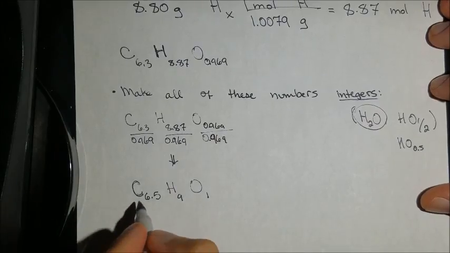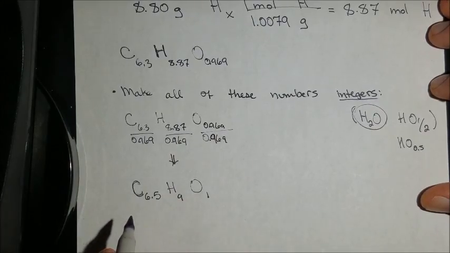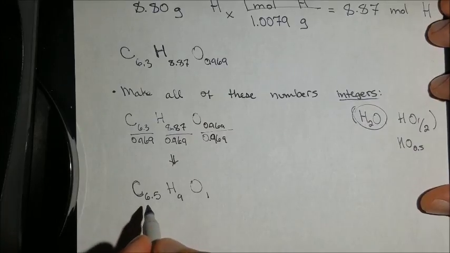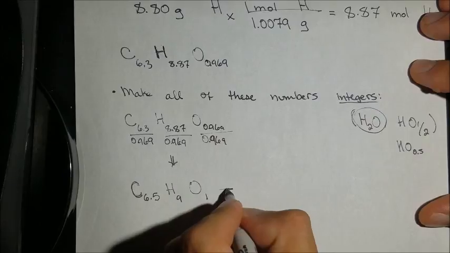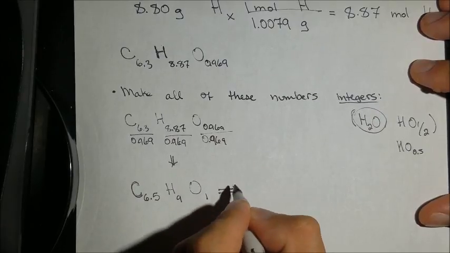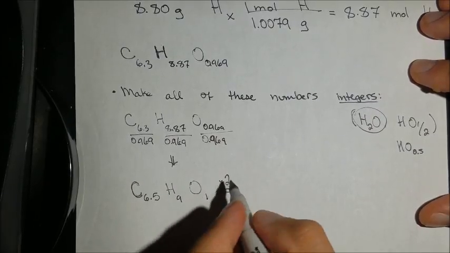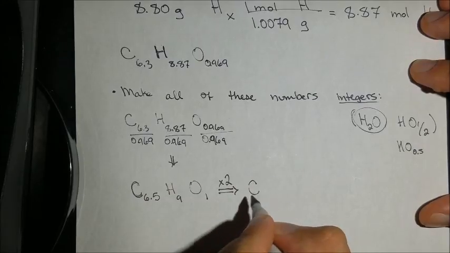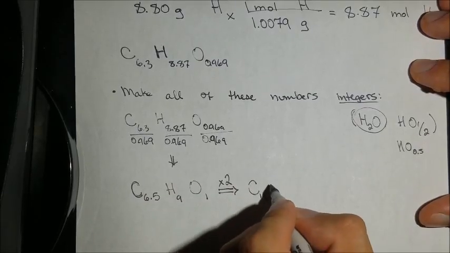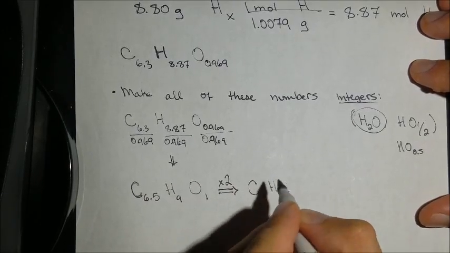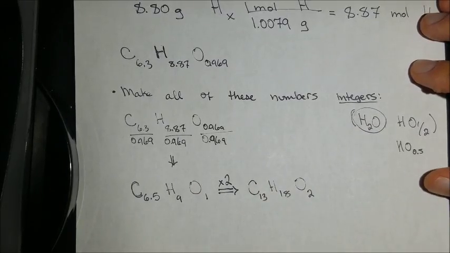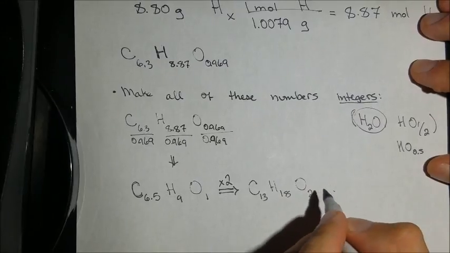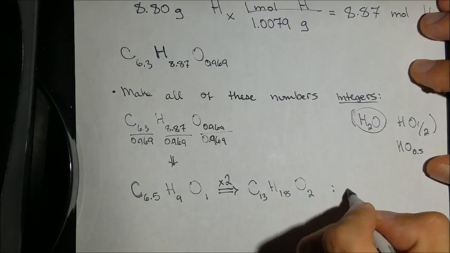So let's multiply all these coefficients by 2 and see what we get. This becomes 13, this becomes 18, and this becomes a 2. So this looks like one of the answers. This is in fact the correct answer, and this is A.